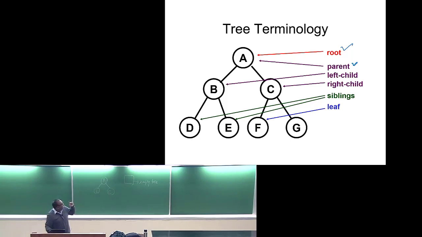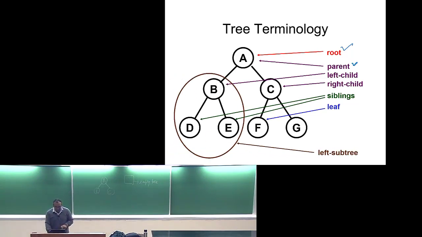Now these nodes like D, E, F and G in that picture are called leaves. Okay. So what else?